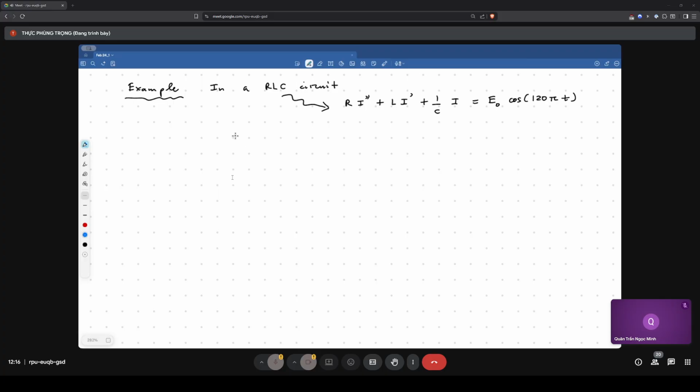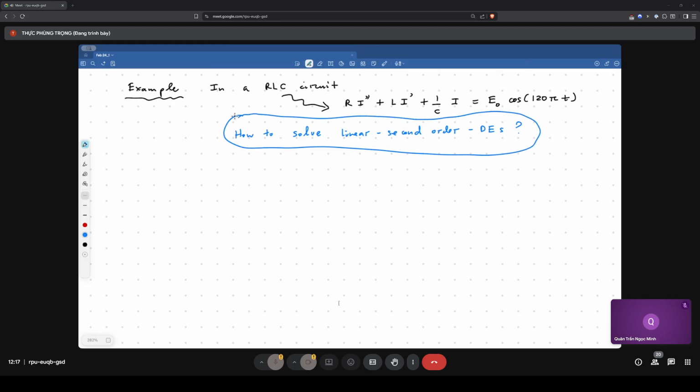Let's go to the main question, how to solve linear second order differential equations. This is the main question we want to handle.